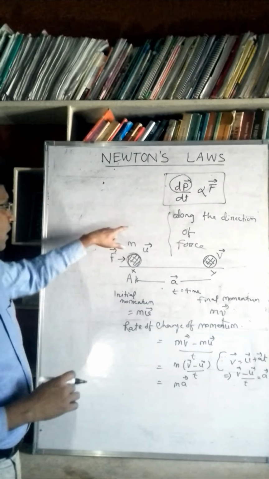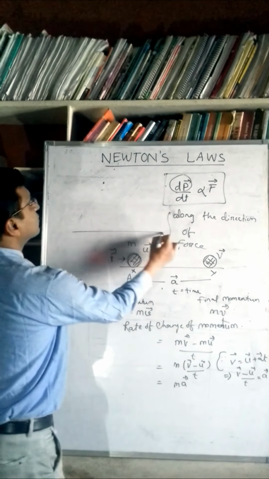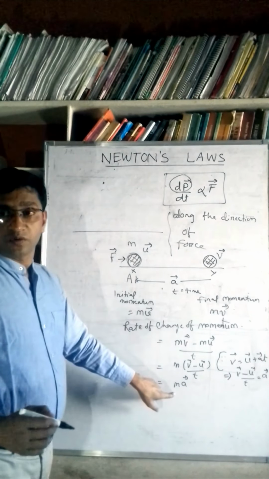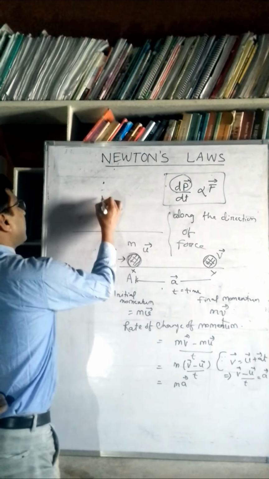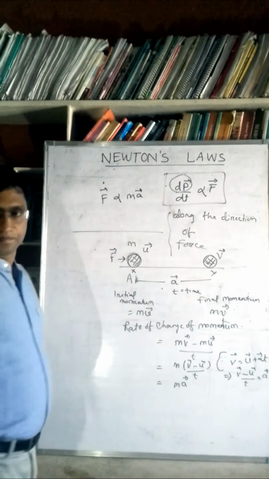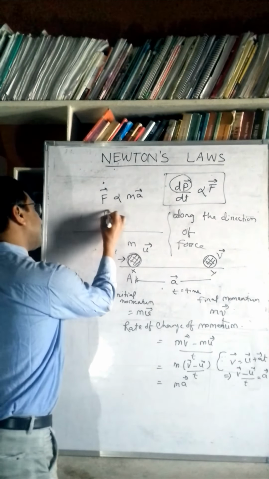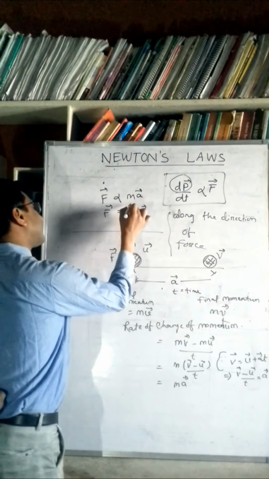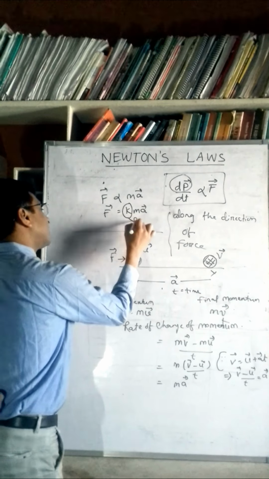According to Newton's second law of motion, this force is directly proportional to ma. That means F is proportional to ma, or we can say F is equal to kma, where k is the proportionality constant.